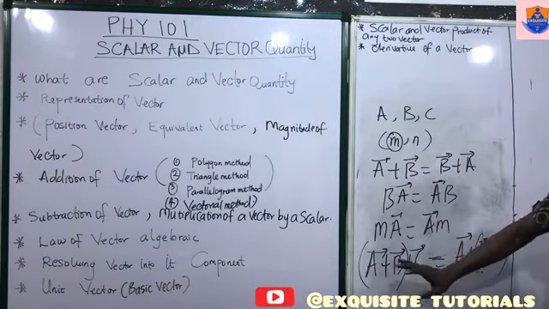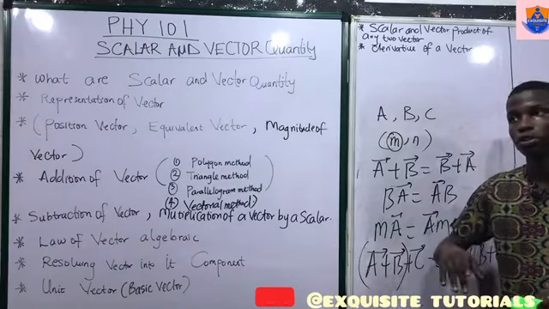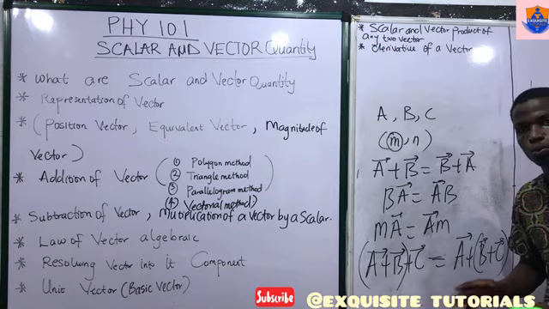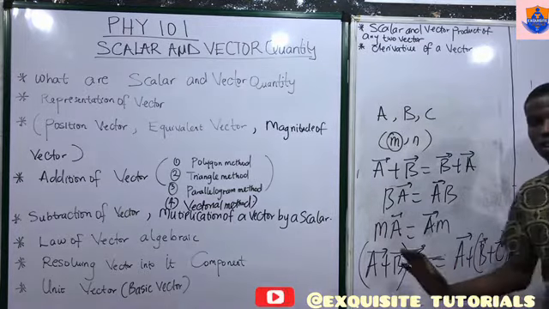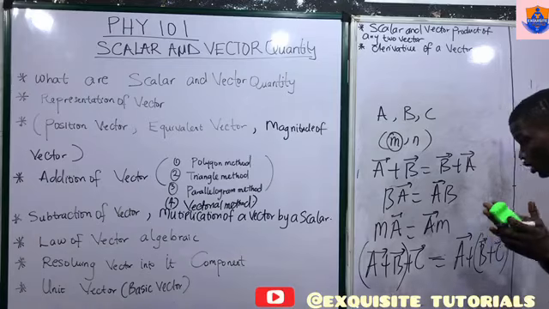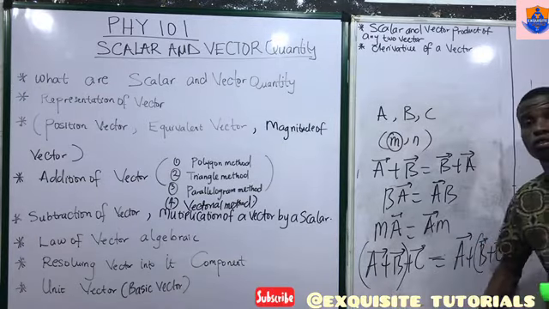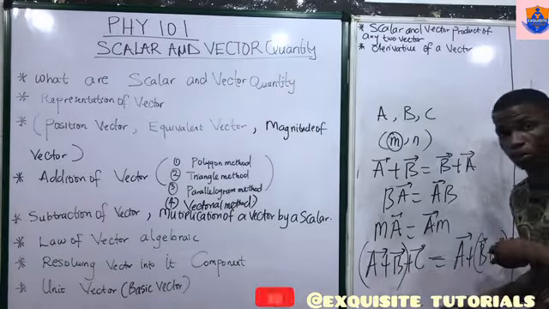You can test this by using any values for a vector. You can just pick 2i plus 2j, then pick your b, i plus j plus 2. If you test it, and you adhere to this law, you must definitely get values that are equal to each other.